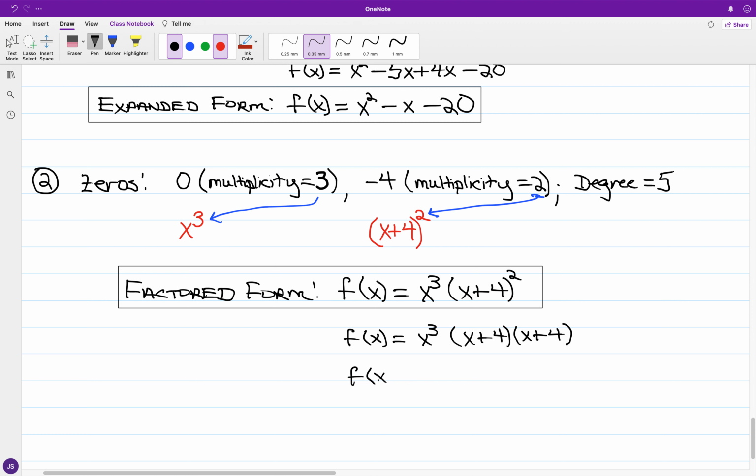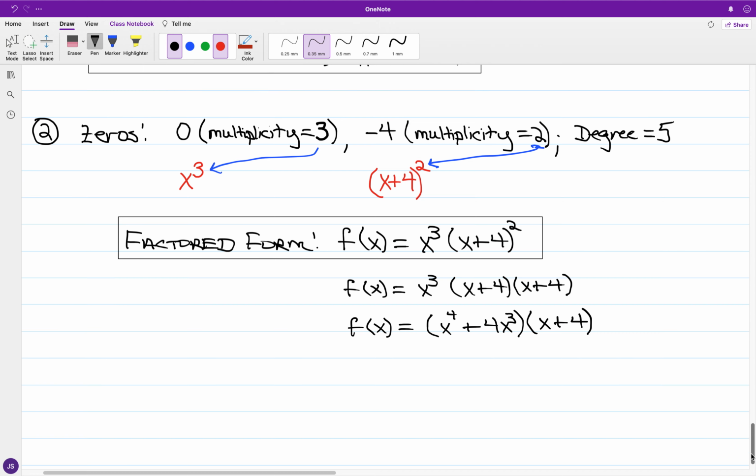And I can multiply gradually from left to right. So you have x cubed times x plus 4. This is going to be x to the 4th plus 4x cubed. And we have times the quantity of x plus 4.